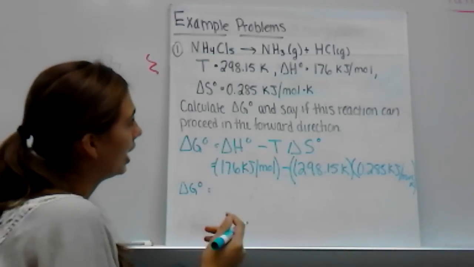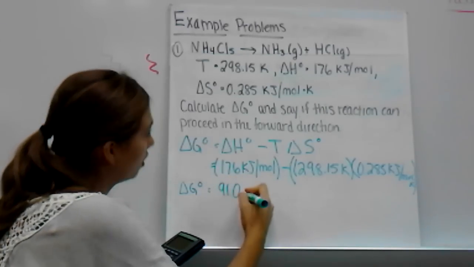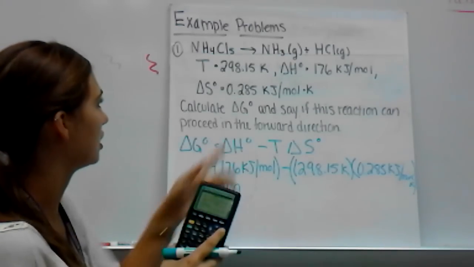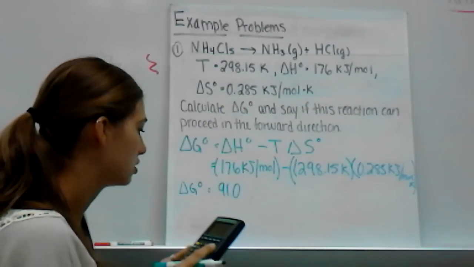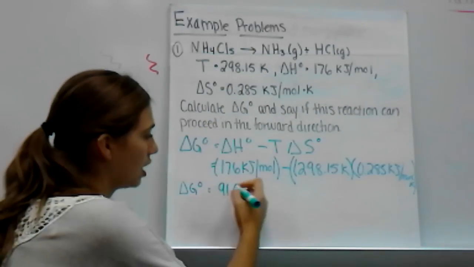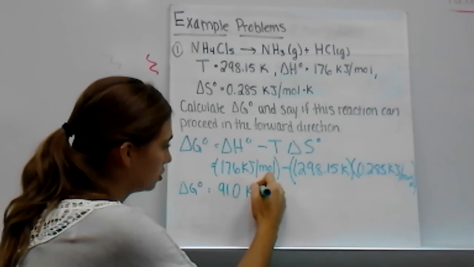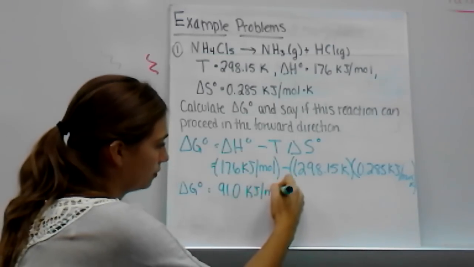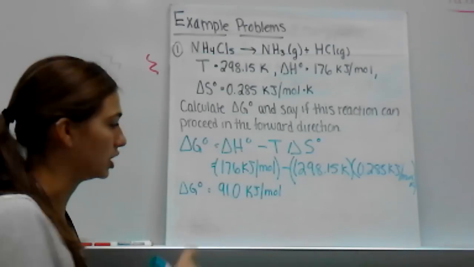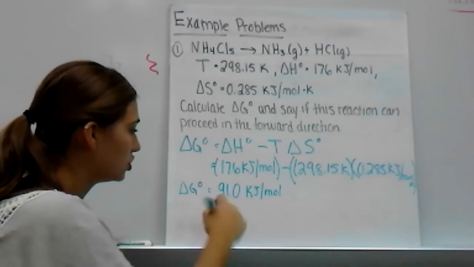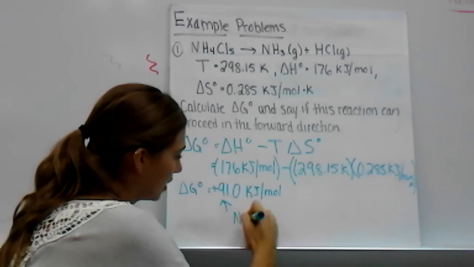Alright, so when I plug it in, I get 91.027, but let's see, we have 3, 3, 4, so this needs to be to 3 significant figures, so 91.0, and this is going to be kilojoules per mole. Okay, now we have to see if it's going to proceed in the forward direction. We have a positive delta G, so if it's positive, this is not spontaneous.